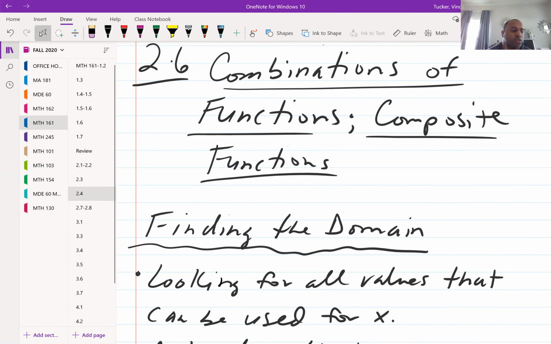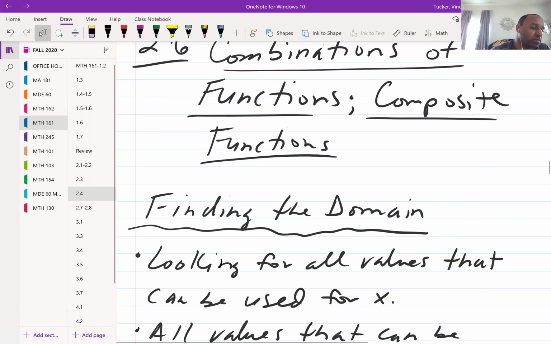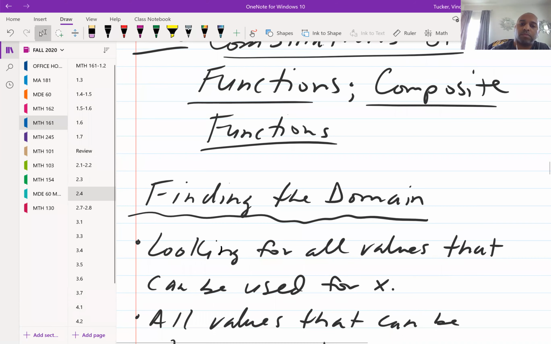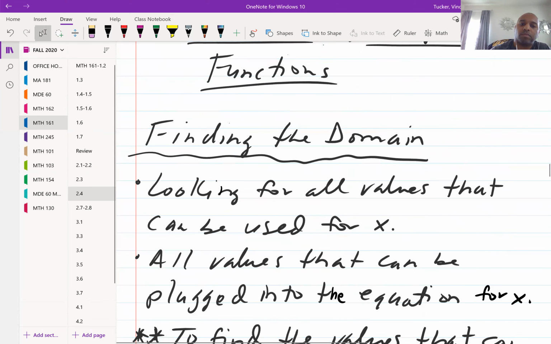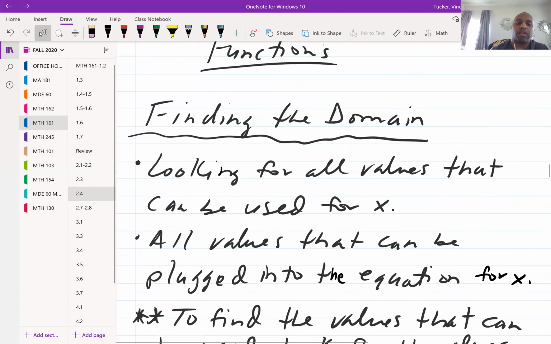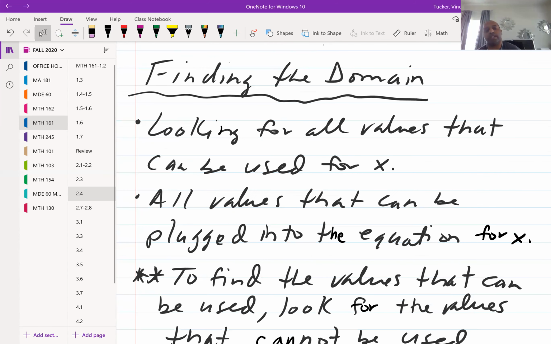All right, so 2.6. We're looking at combinations of functions and composite functions. All right, so we're looking at finding the domain.